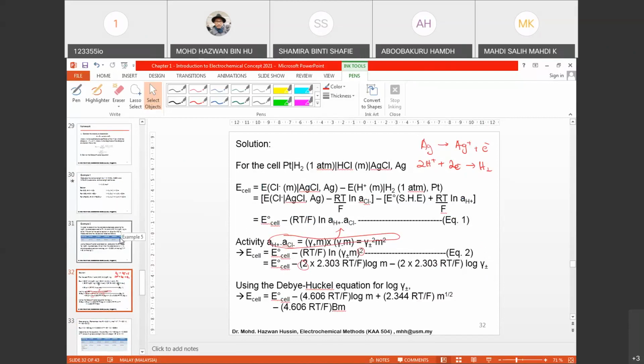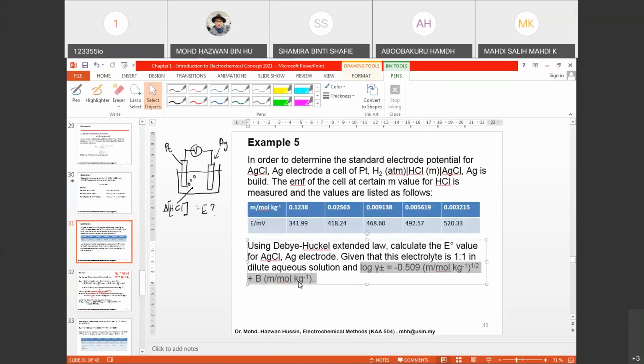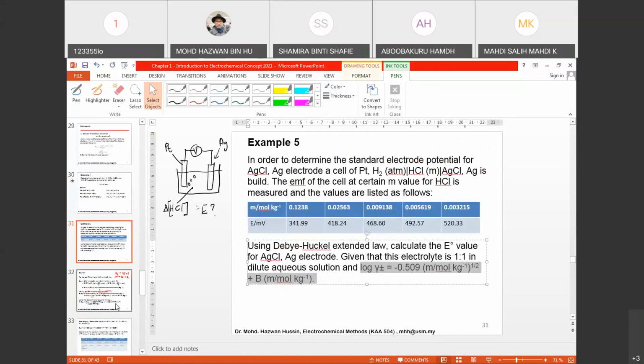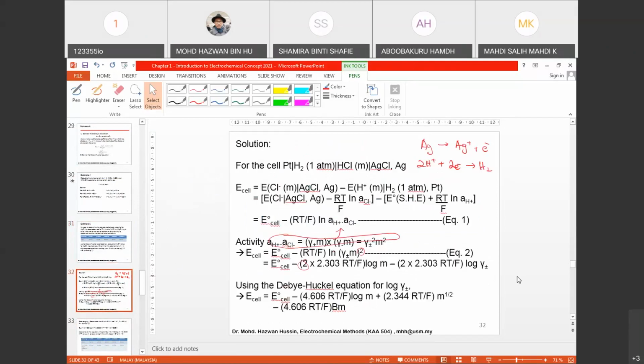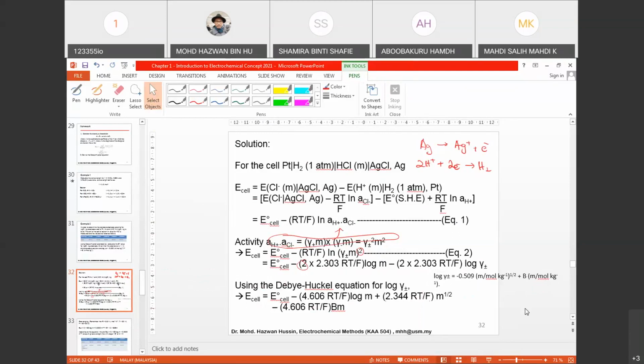So let us just copy this thing, and then probably I will paste it somewhere here. Kind of small. Just to show you how you can get things.